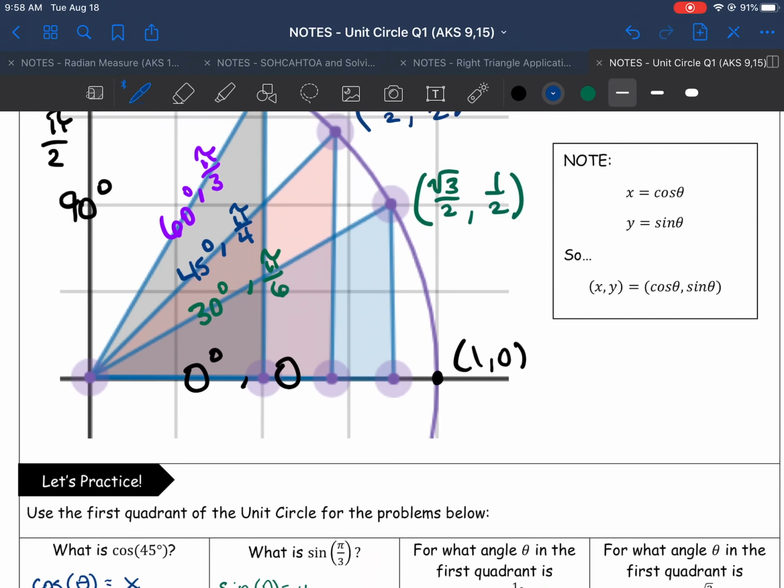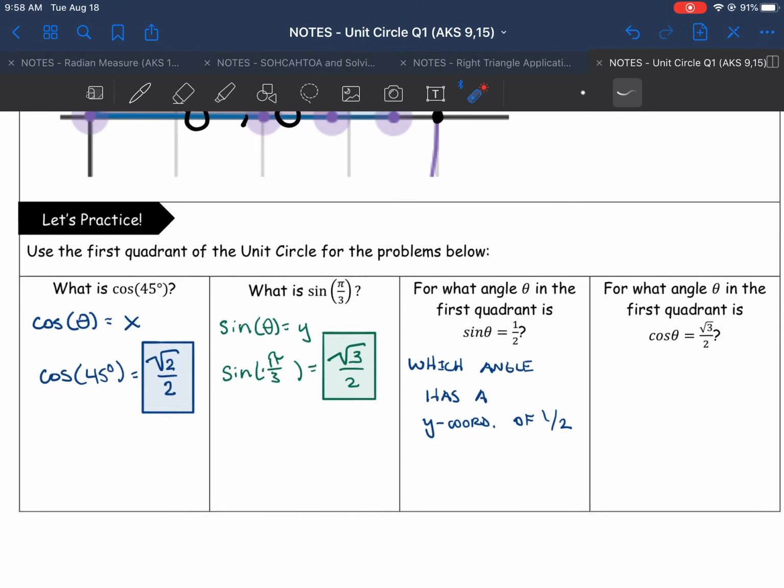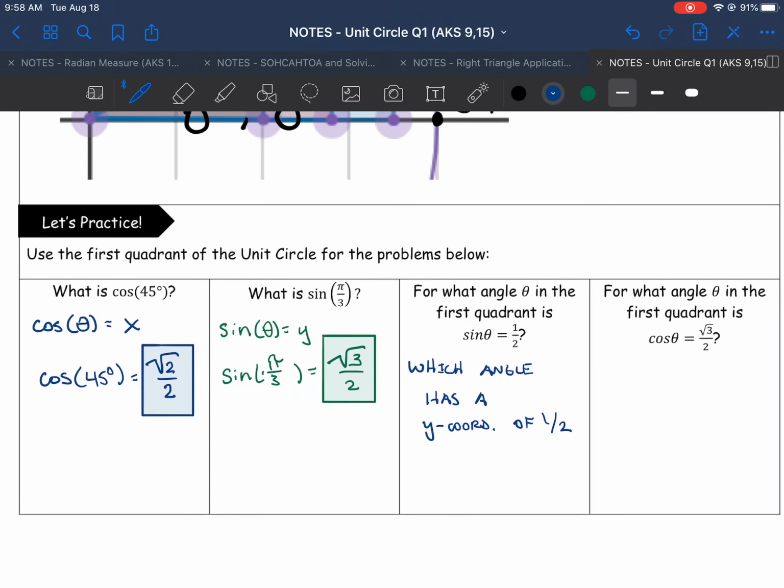So if we go up to our unit circle, we want to find which angle has a y coordinate of 1/2. Well, here I see a y coordinate of 1/2, and that corresponds to a 30-degree angle, or an angle of pi over 6 radians. So we would say 30 degrees or pi over 6 radians.